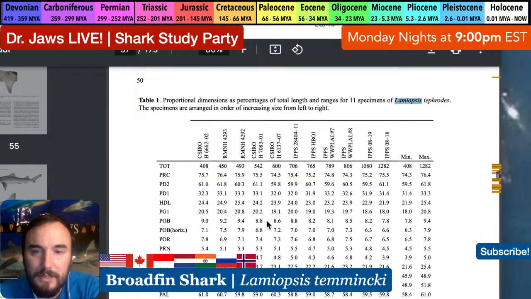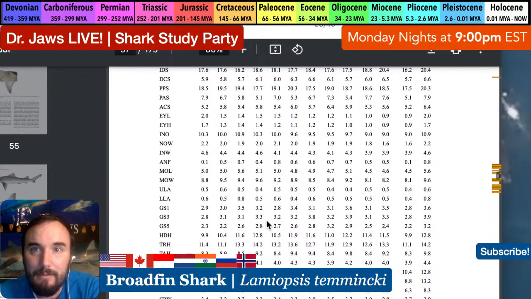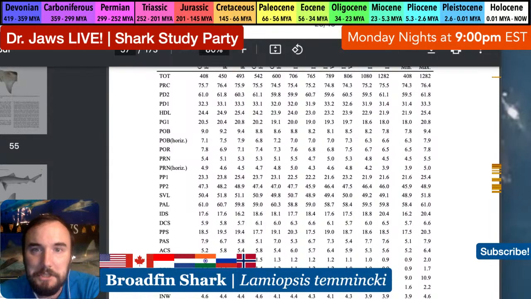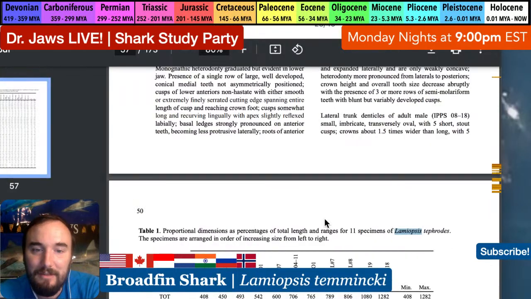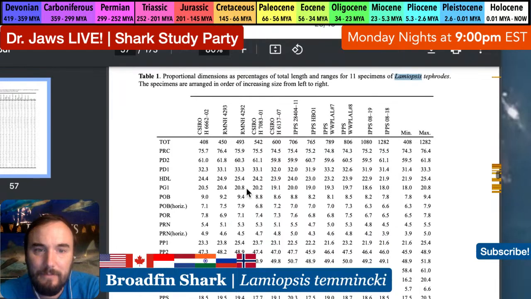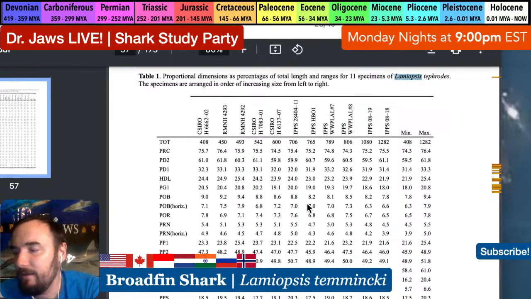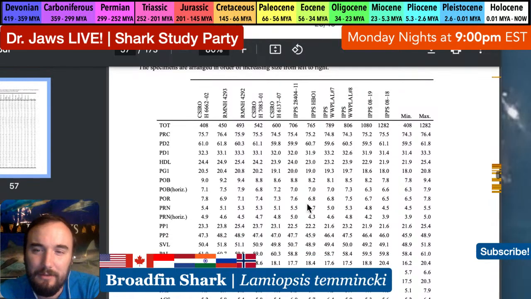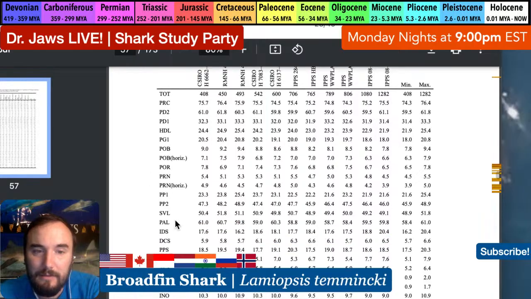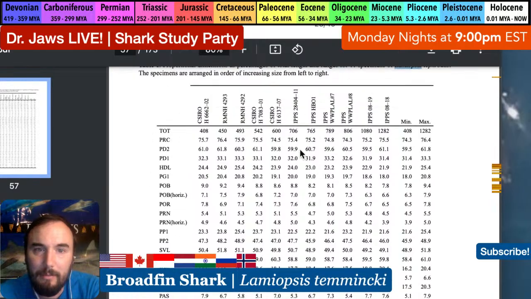We have a complete list, a table of measurements for the species, which we don't really need to go into. But it's cool to see from a shark fisheries, I was about to say, a fisheries scientist perspective or a shark scientist perspective. So I couldn't even tell you what some of these are, but these are like length proportions.